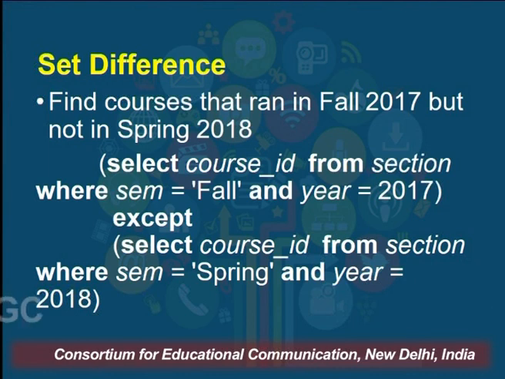So, we are looking for A minus B, and the term here is EXCEPT, which represents the set difference. We will say select course ID from section where SEM equals fall and year equals 2017, except select course ID from section where SEM equals spring and year equals 2018.